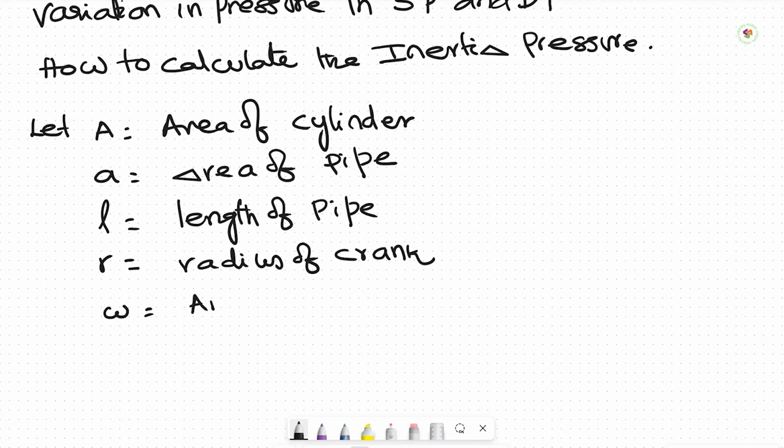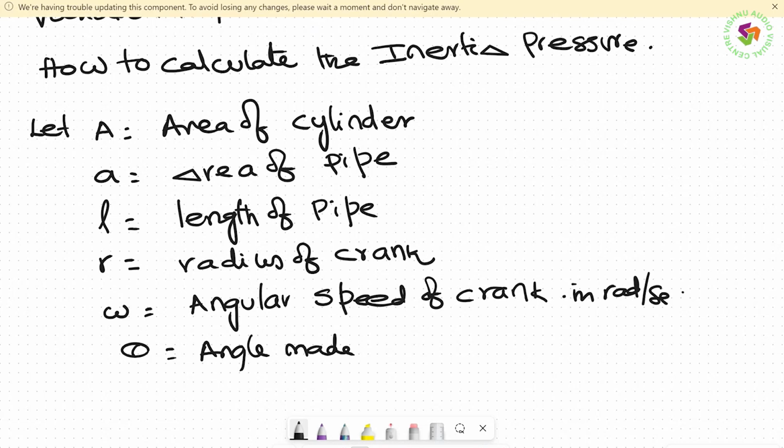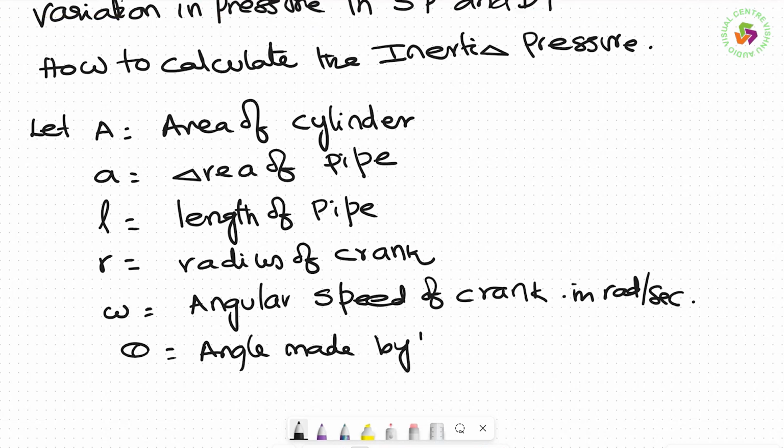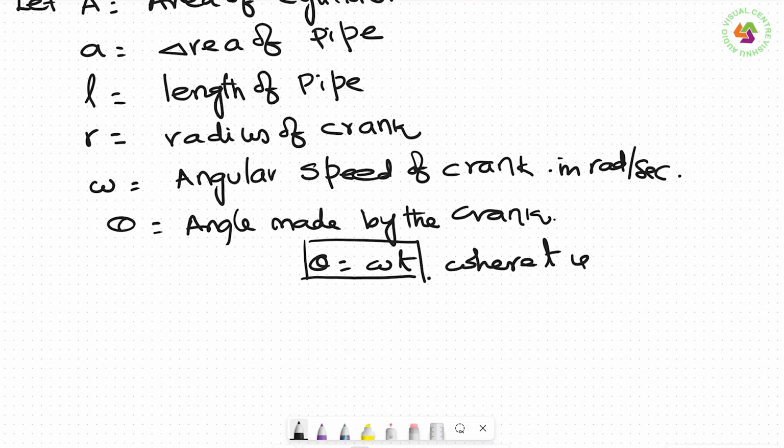Omega is the angular speed of crank. Theta is the angle made by the crank, and theta is equal to omega t, where t is the time in seconds.